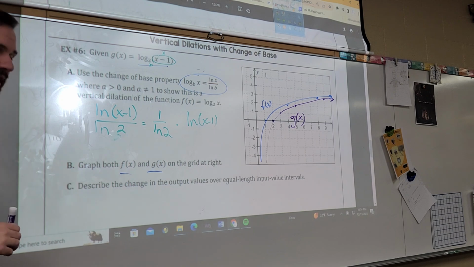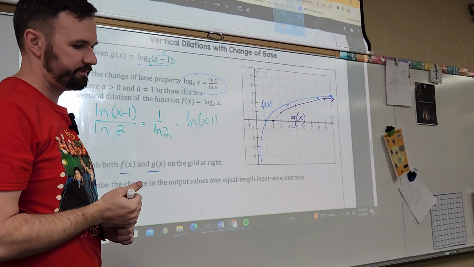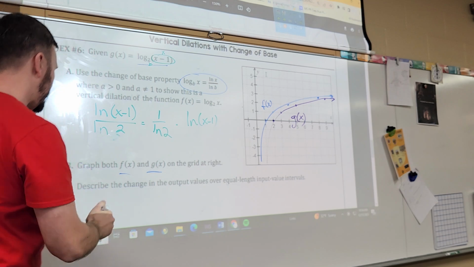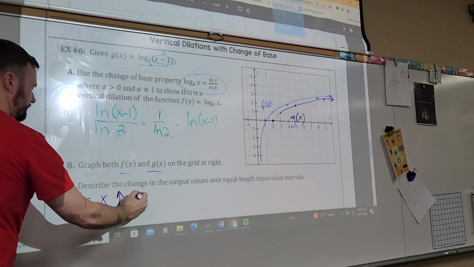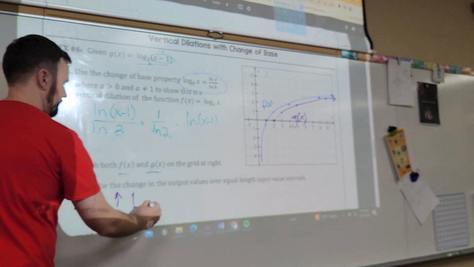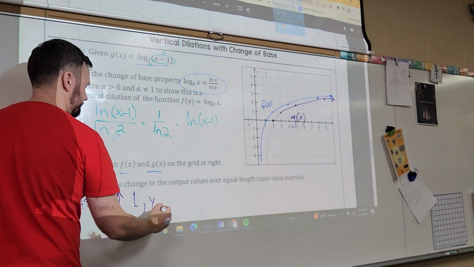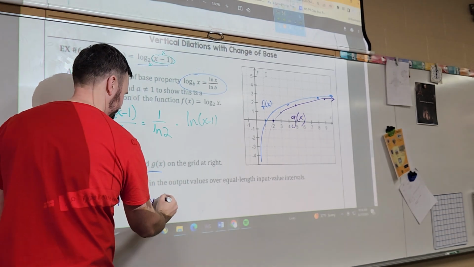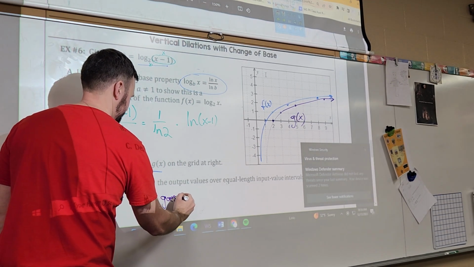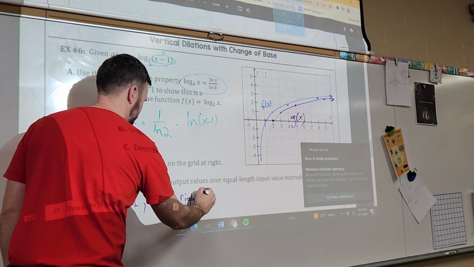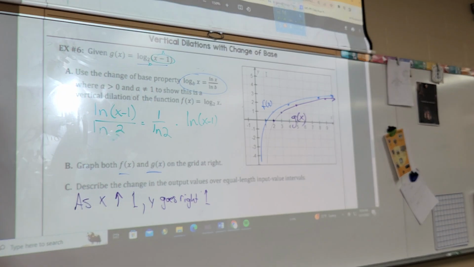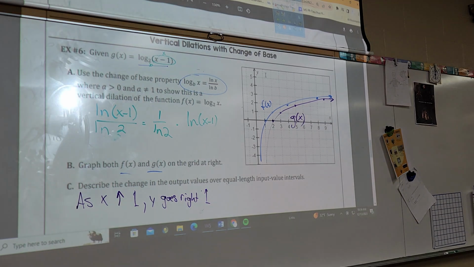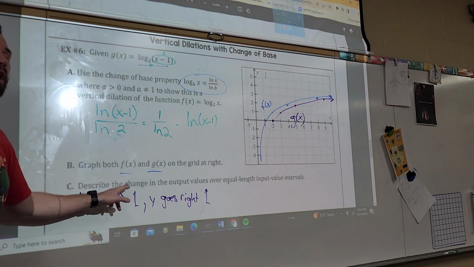Now, how would I describe this? It's always as x goes up by 1. They always want output.